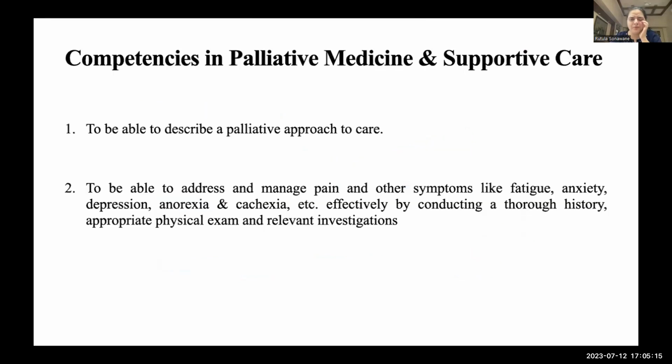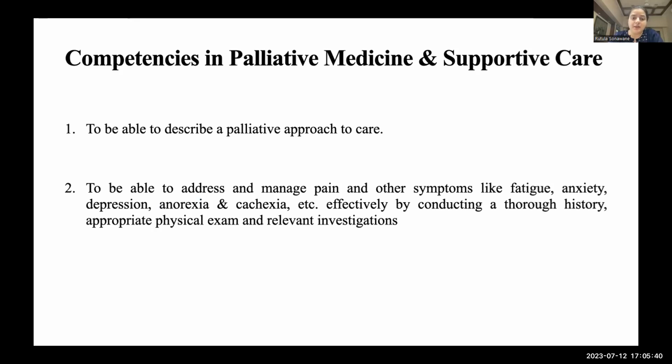So there are certain competencies that we as palliative care physicians should have. I'm sure you all know this, but I'm just going briefly through this again. Basically, we should know what a palliative care approach is. We should know how to understand that the patient needs palliative care or supportive care, if you don't want to use the word palliative care.